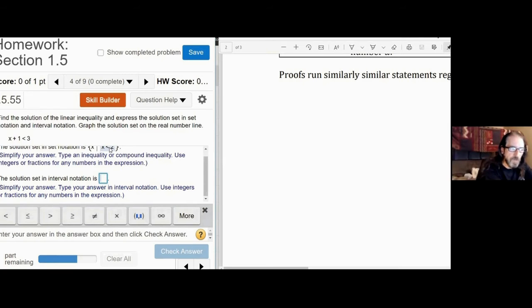Again, it might be a good idea to draw on the number line first if you're not all that familiar with interval notation yet. You can never reach negative infinity, so that's not included either. The 2 is not included because there's no or equal to sign, and so we have parentheses around the whole thing.